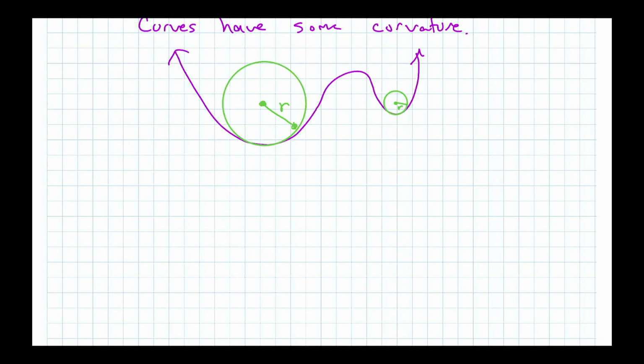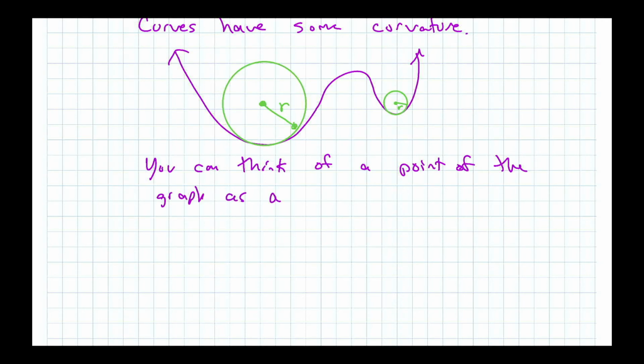So you can think about the size as related to that. So you could think of different places on the graph as having a radius of curvature, right? Which is, it curves as much as a circle that you can put right there has.